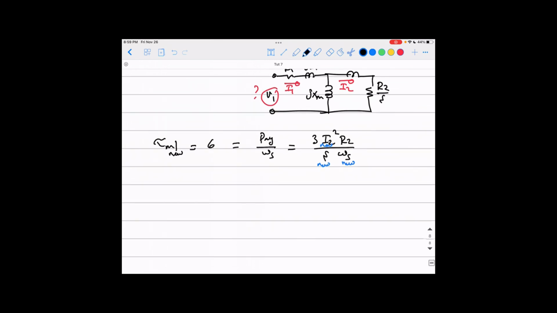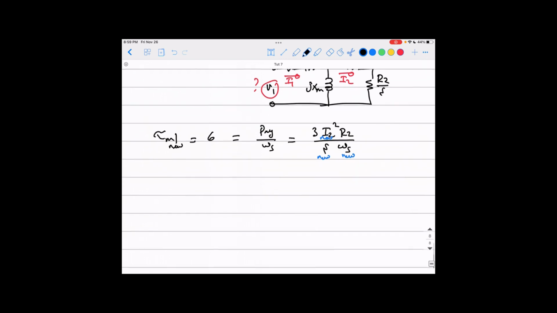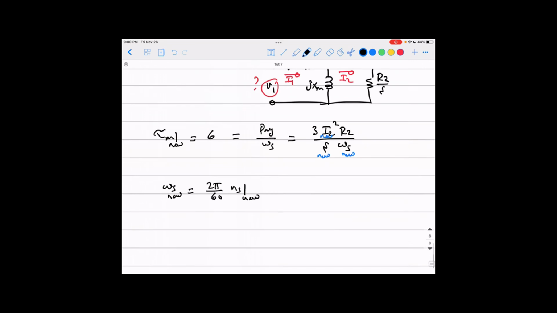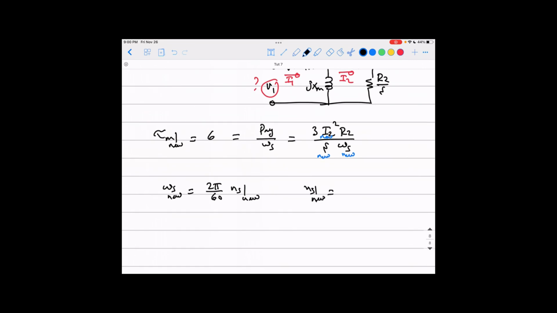So what do we have in hand? First of all, we can find omega s new, which equals 2 pi over 60 multiplied by the new synchronous speed. Can you calculate the synchronous speed? The new synchronous speed is the new slip speed, which we already calculated, plus the new mechanical speed.